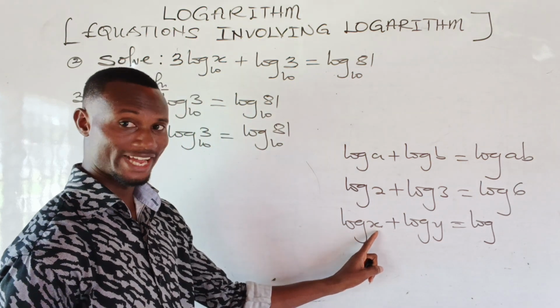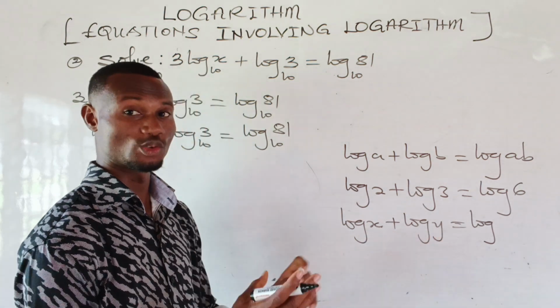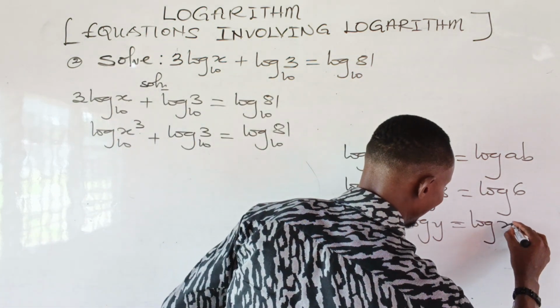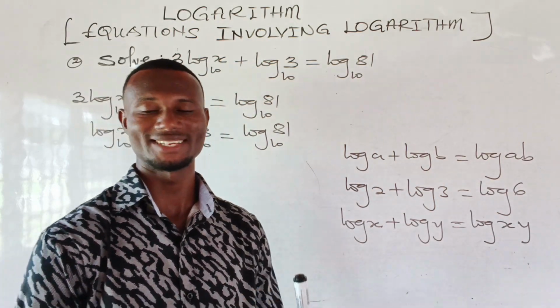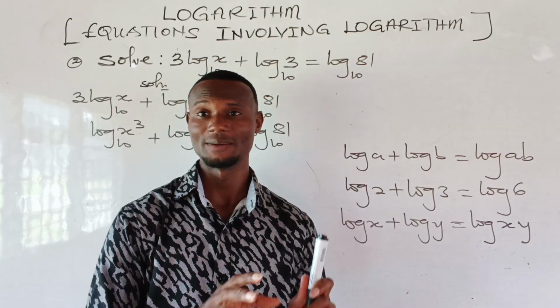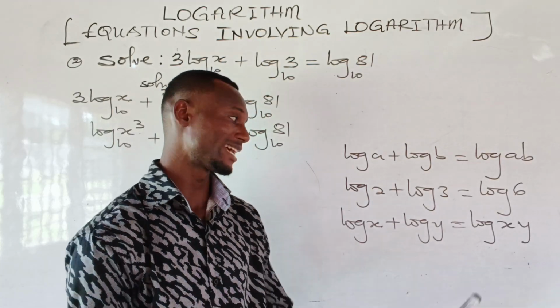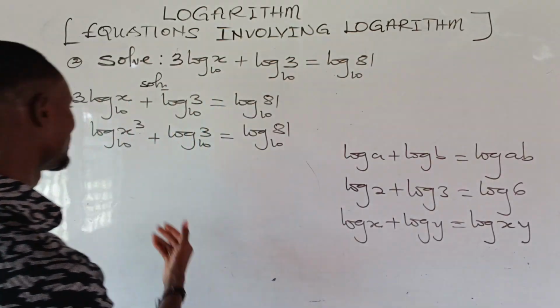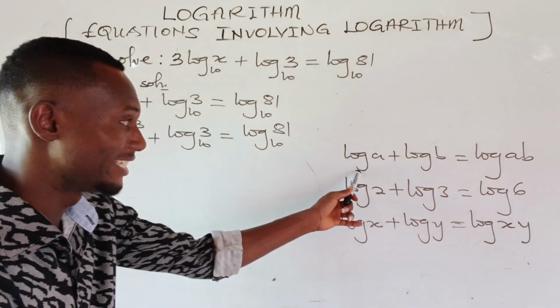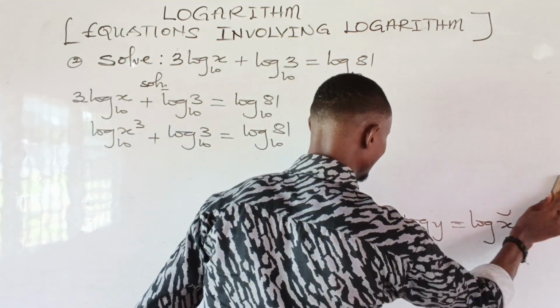So I have s here, I have y here, they are going to multiply, which is going to be sy. So I'm going to have log sy. So that is the product rule that I just applied. Okay, so let's go ahead and apply it to this one. So I'm going to clean this from here so that we can proceed.